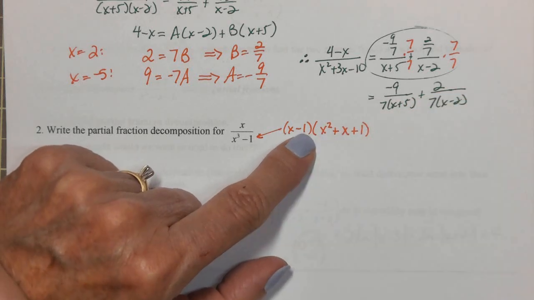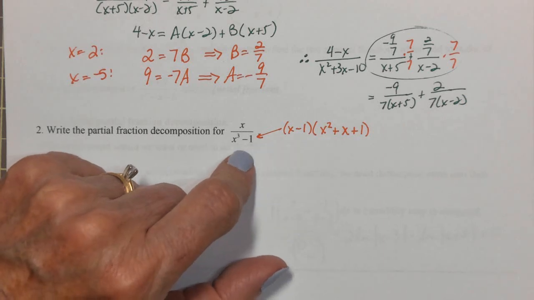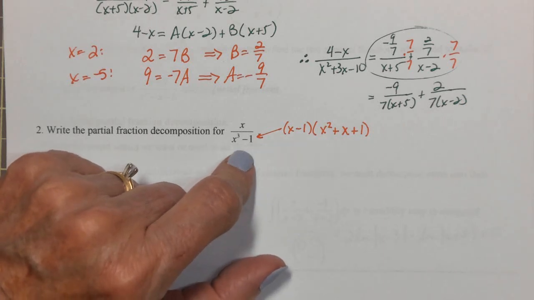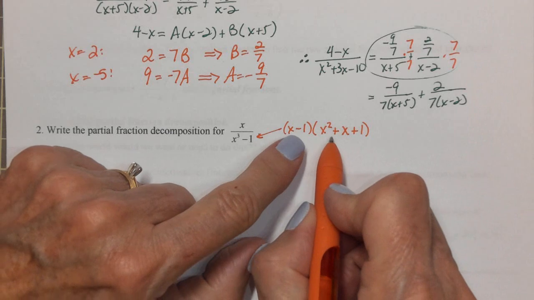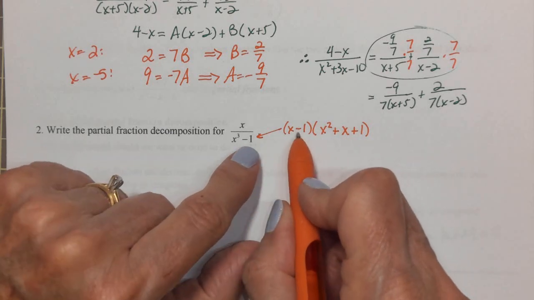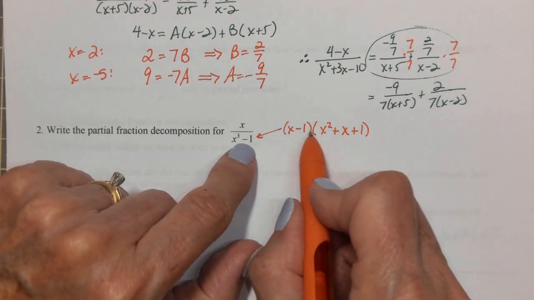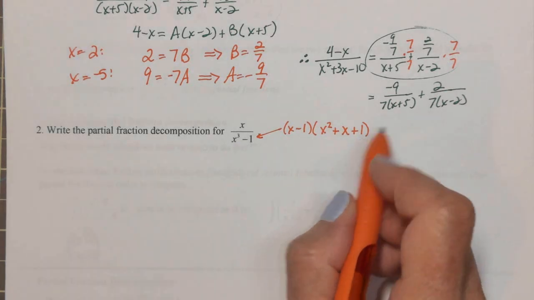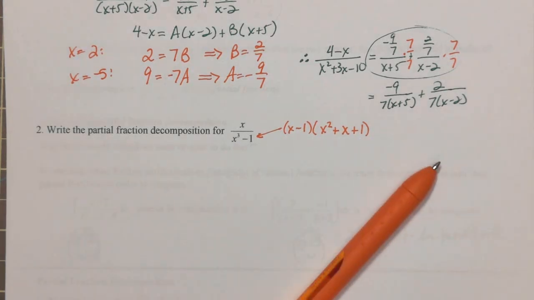That's how you factor a sum or a difference of cubes. For the signs, you begin with the same sign, then it's the opposite sign, and then it's always positive at the end.